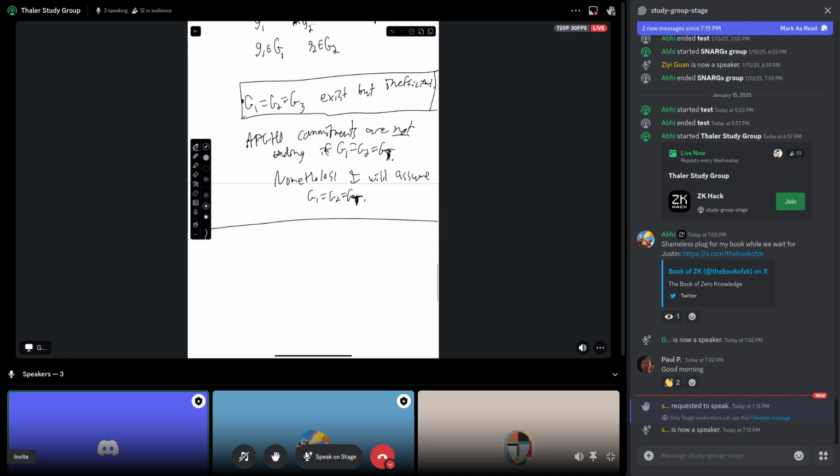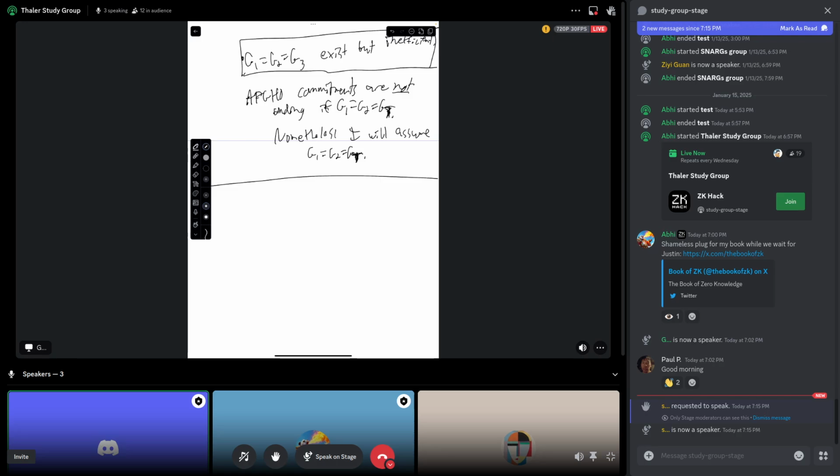Okay, so with that out of the way, how do you commit to a vector of group elements? I'm just going to say that these are elements in G, where all three of these groups are just G. But remember, in actuality, this would be G1 to the n.